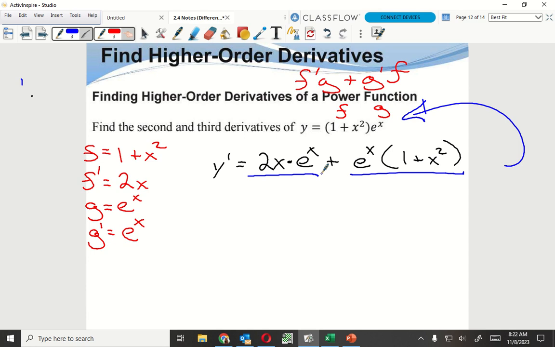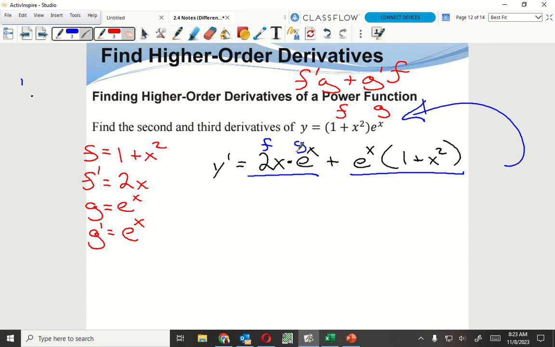So for this one, it's going to say let's call it f and g, because it's a 2x times e to the x. Those things are being multiplied together, and I have to take a derivative of that.